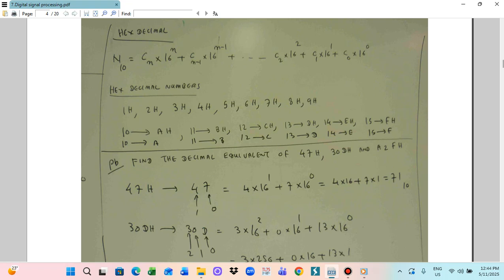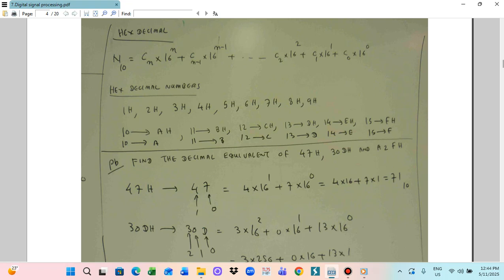There is no 10 as a single digit. Instead of 10, you have to write AH. 11 is BH. At 12, we use CH. 13, we use DH. 14 is EH. And 15 is FH. So those are the hexadecimal digits.